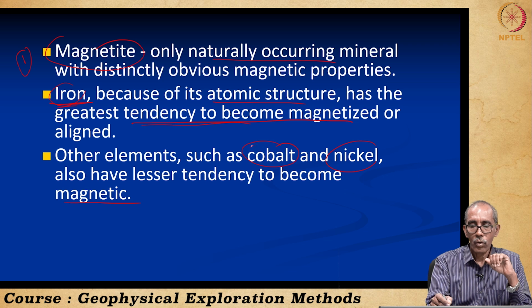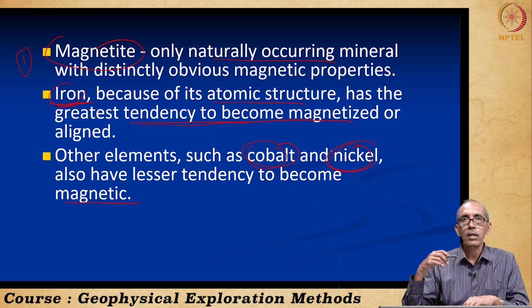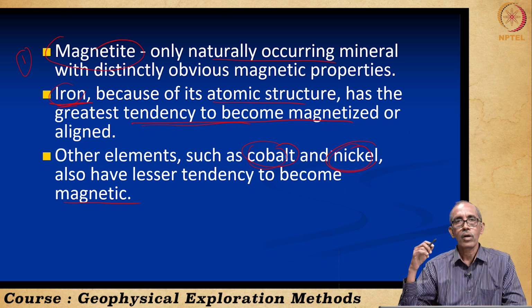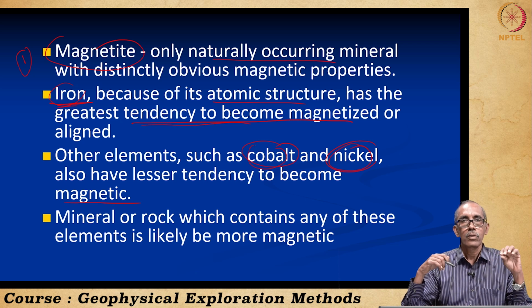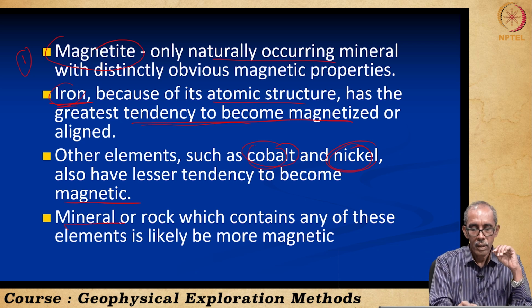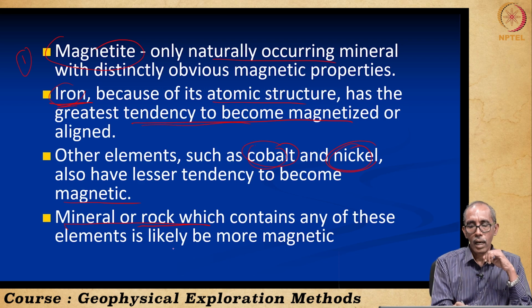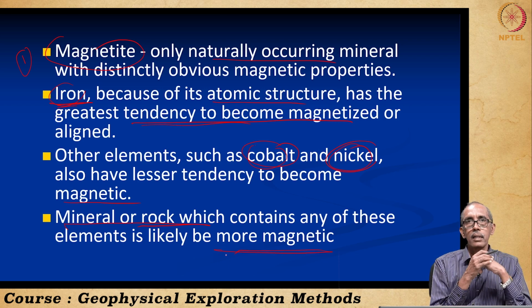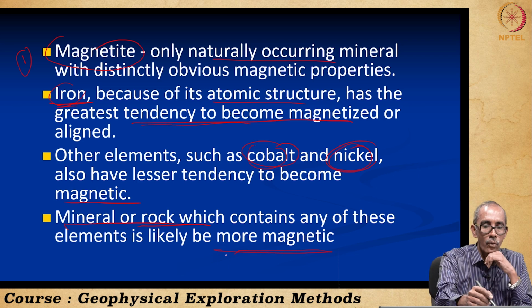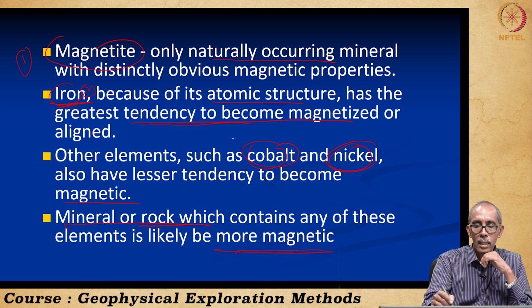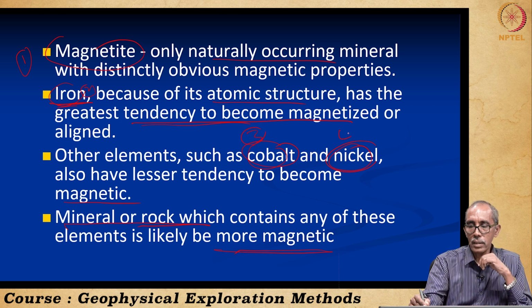Apart from iron, cobalt and nickel are also present in different rocks. So, minerals and rocks which contain any of these are likely to be more magnetic. What is any of these? 1 is magnetite, 2 is iron, 3 is cobalt, 4 is nickel.